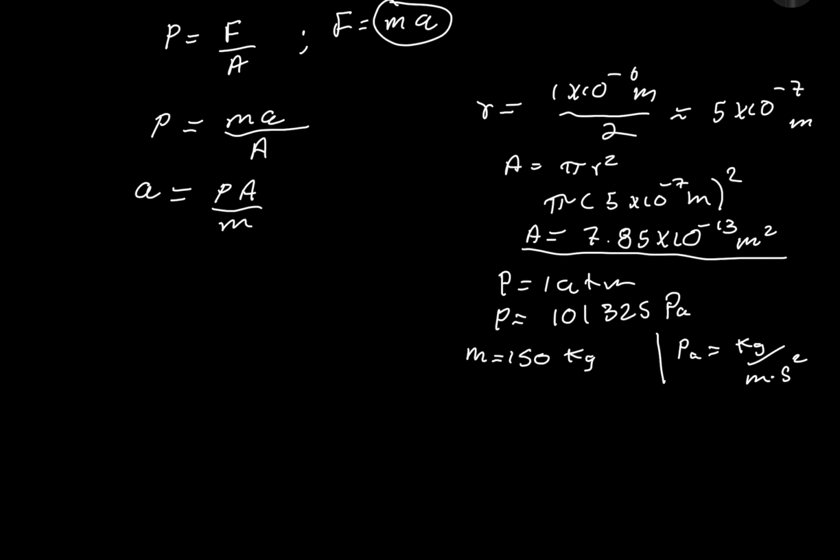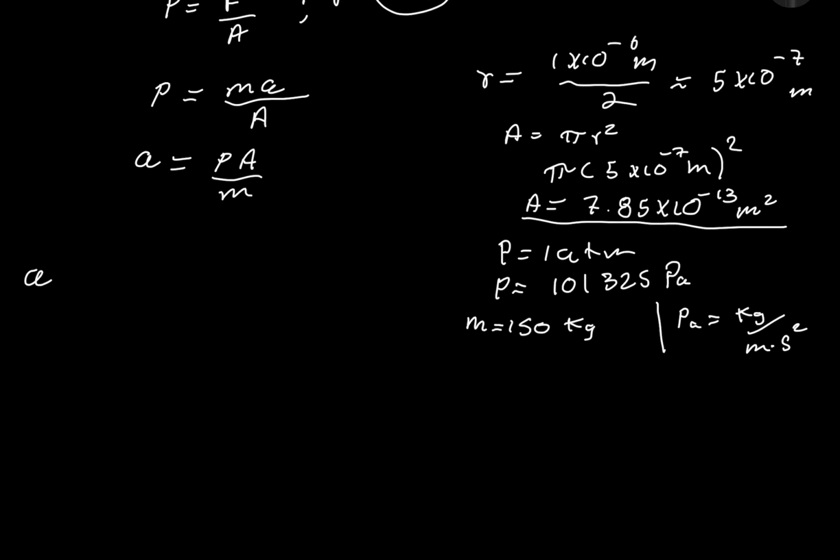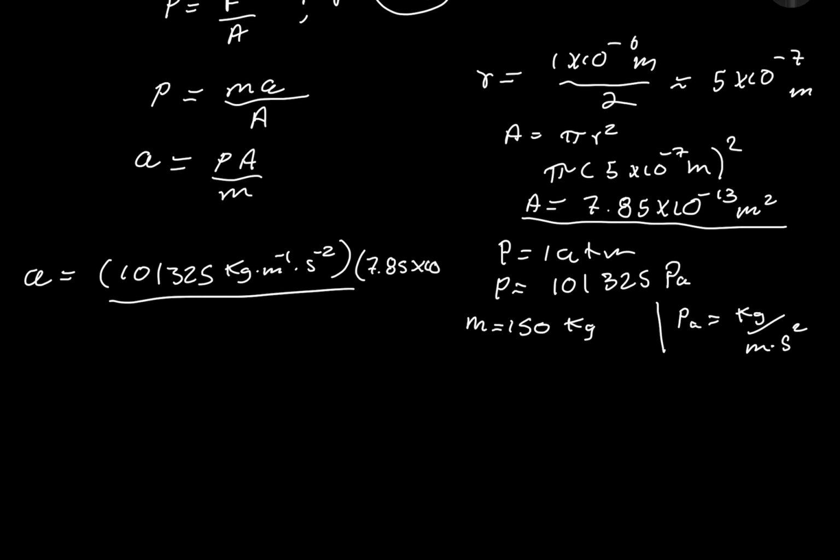Okay, so basically we just plug and chug at this point. We're going to have that acceleration equals, just doing this simplification, 101,325 kilograms inverse meters times inverse seconds squared, times the area, which was 7.85 times 10 to the negative 13 meters squared.